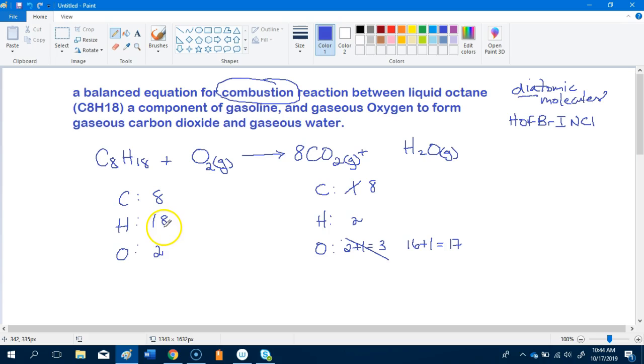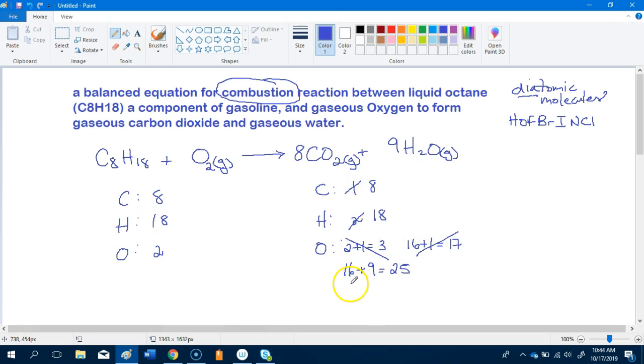I have 18 on my reactant side, 2 on my product side, so I'm going to put a 9 here. 9 times 2 gives me 18, but now my oxygen count is going to be different. So I have 8 times 2 is 16, plus 9 times 1 is 9. That's going to give me 25 oxygens on this side.